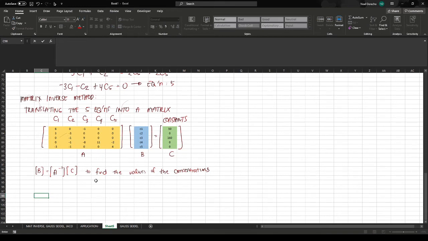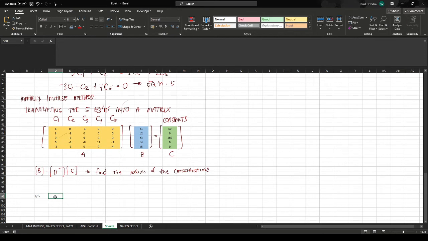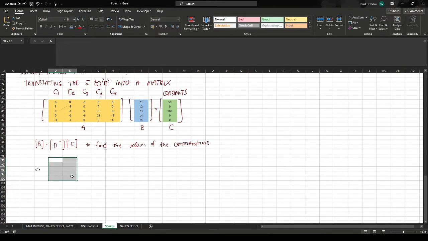So, equals to matrix inverse. Okay, so since we are taking the inverse of a 5 by 5, we highlight 5 by 5.